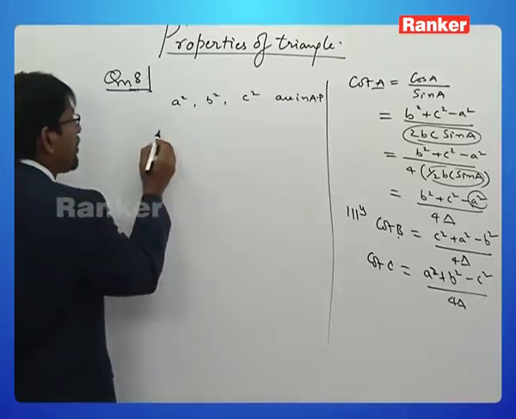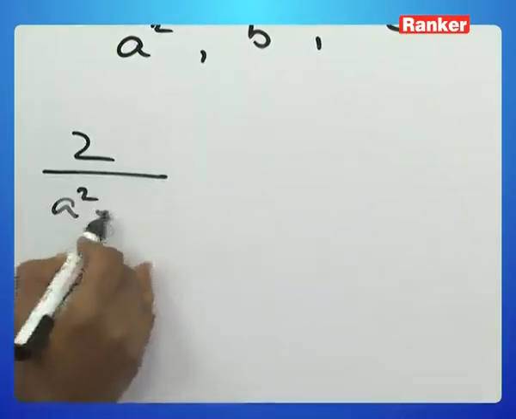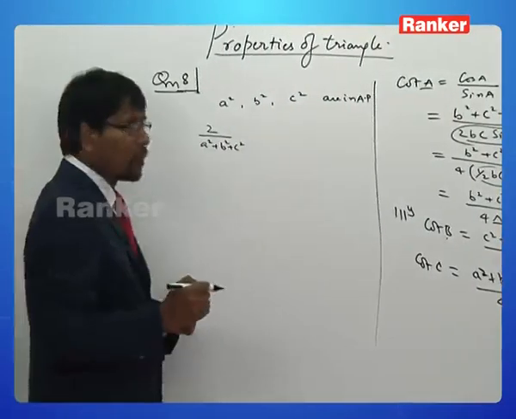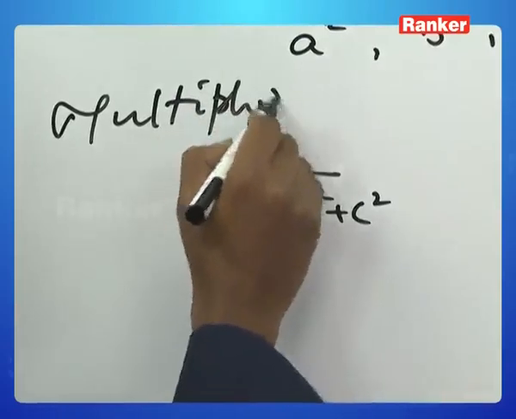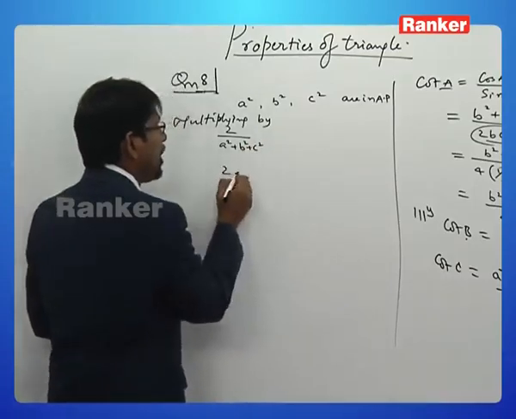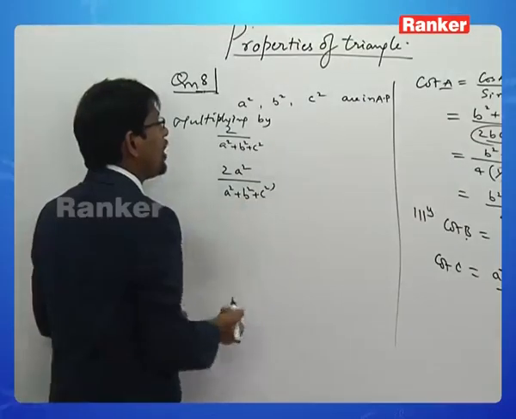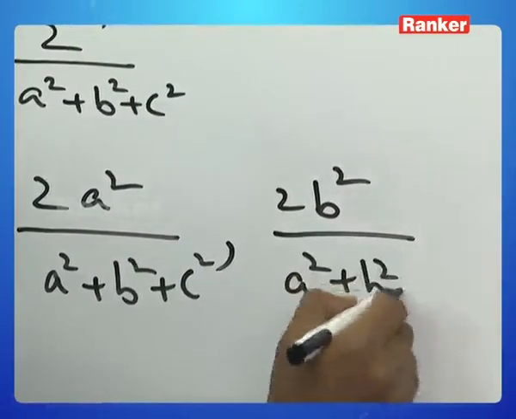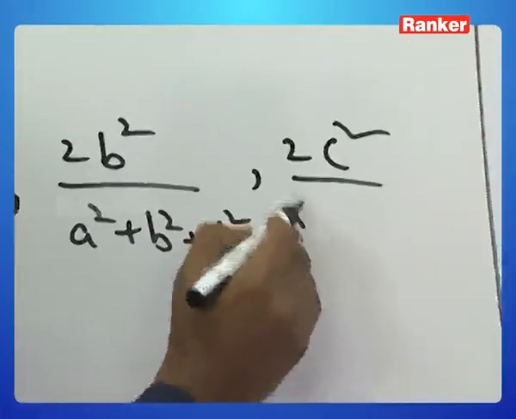So, what we'll do is, we will multiply each term by 2 by A square plus B square plus C square. What do you get? 2A square by A square plus B square plus C square, 2B square by A square plus B square plus C square, 2C square by A square plus B square plus C square.